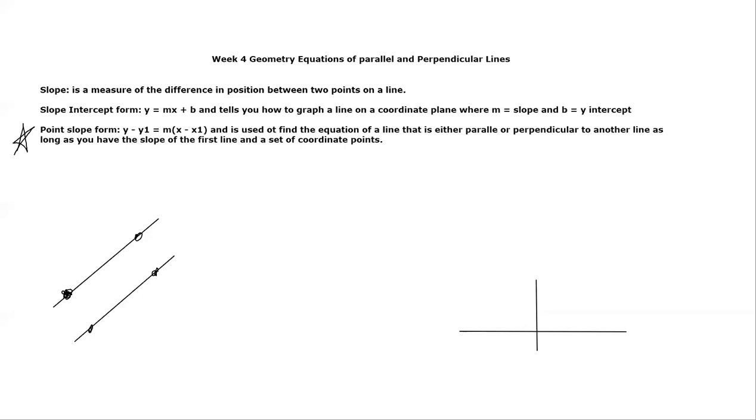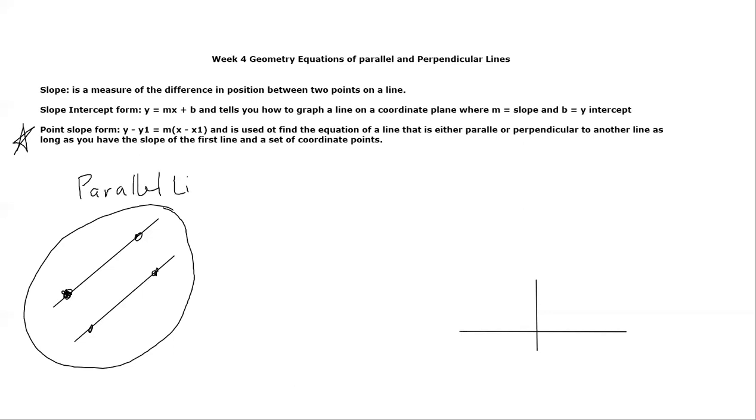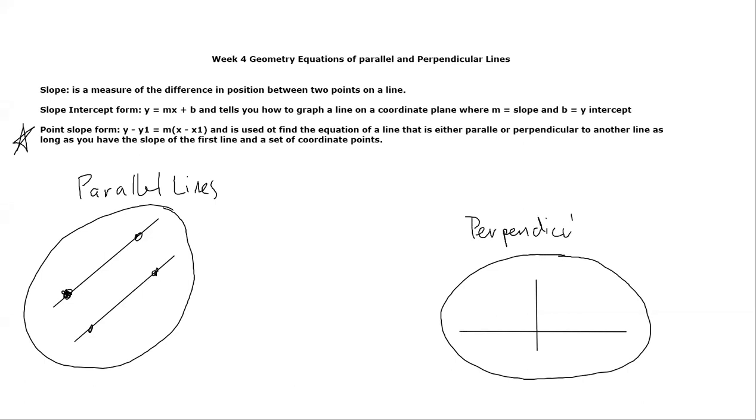Before we go into this, I just want to review these 2 things right here. These lines, you should know that these lines are parallel lines, and you should also know that these are perpendicular lines, and they have certain properties.